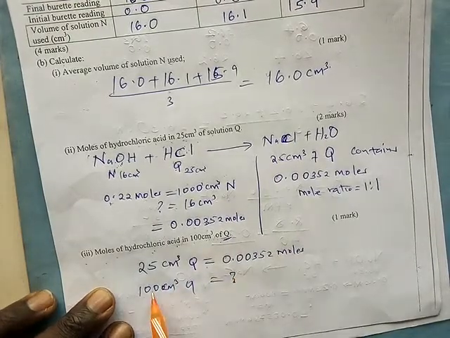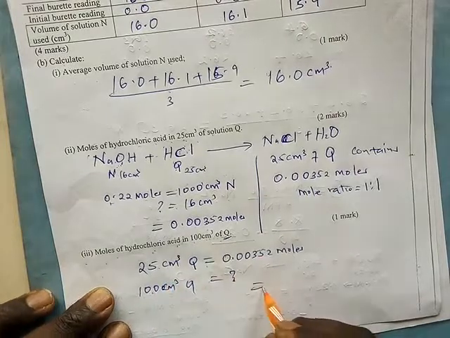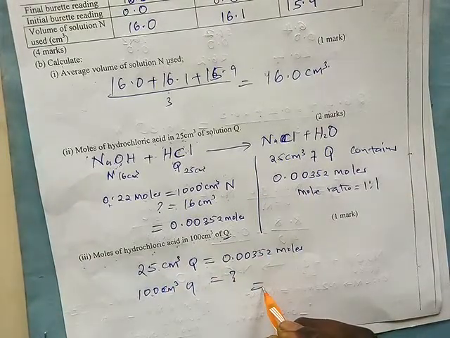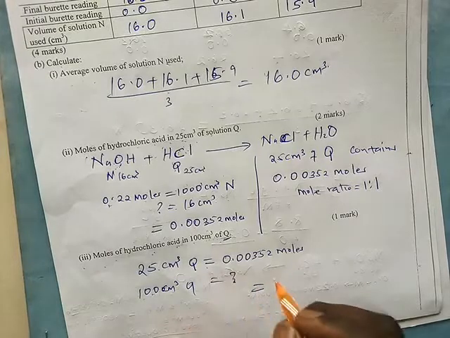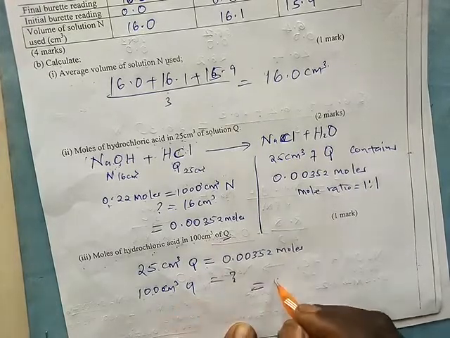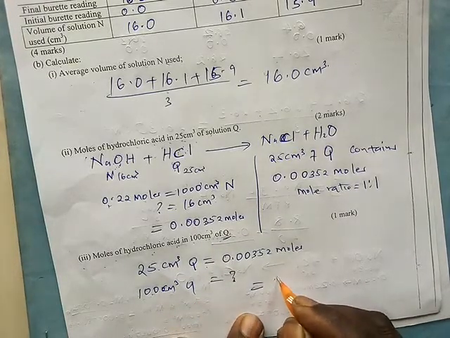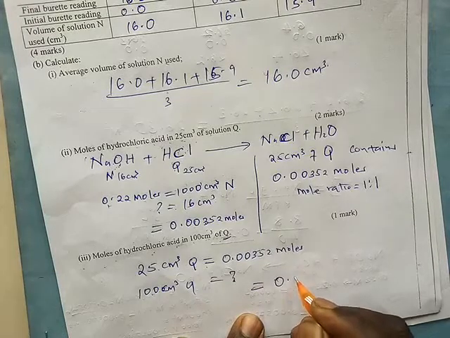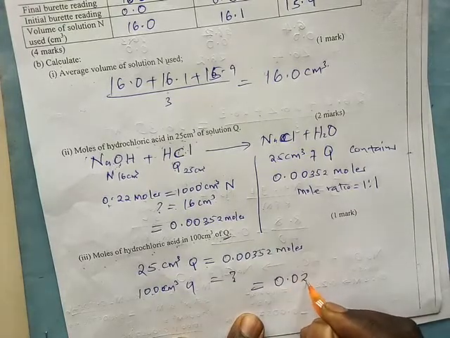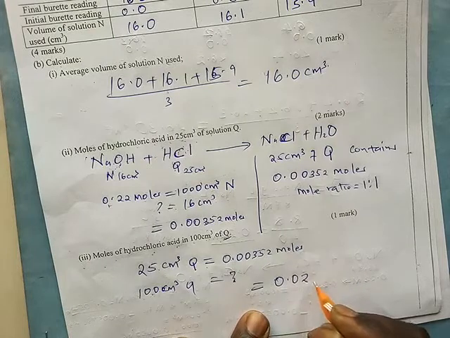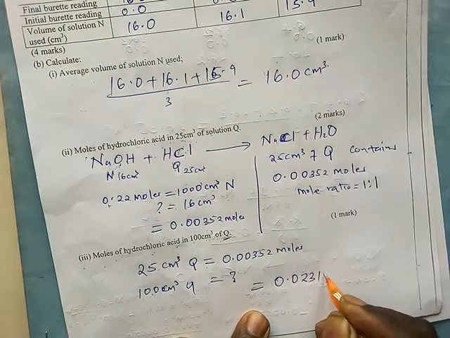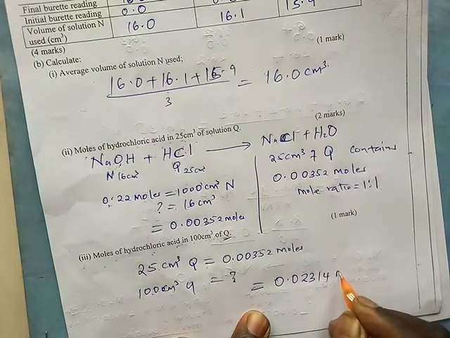So this is times this divided by this. Remember it is 100. This one is going to give us 0.02314 moles.